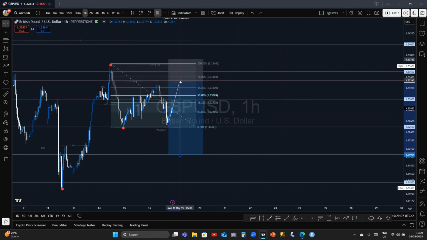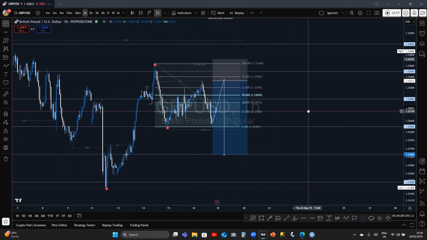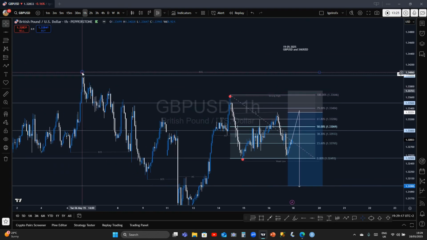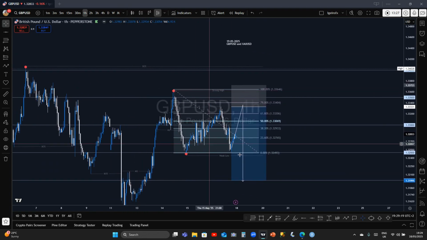So the opportunity that we see here presently is that price is making a lower high. It needs to create another lower high before price will sell properly. All right.